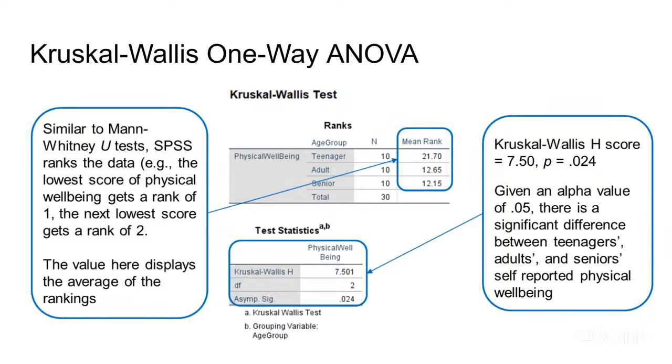Now, here you can find out the mean rank. Mean rank is high in case of the teenagers in comparison with the adults and the seniors. And this is significant. That means age has an effect on the self-reported physical well-being. Next.